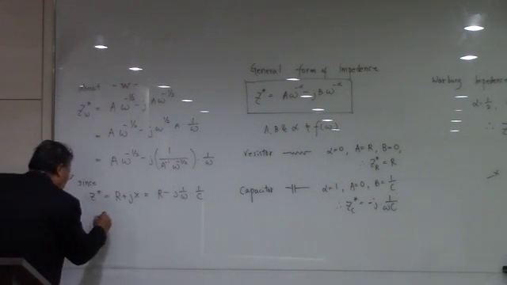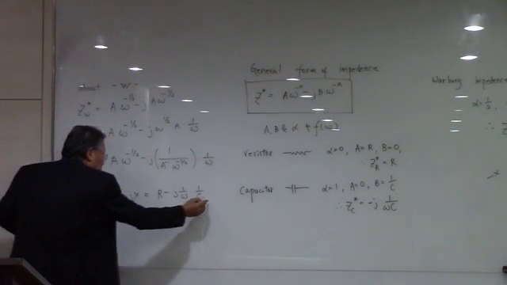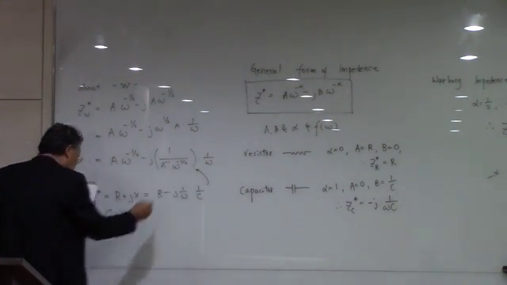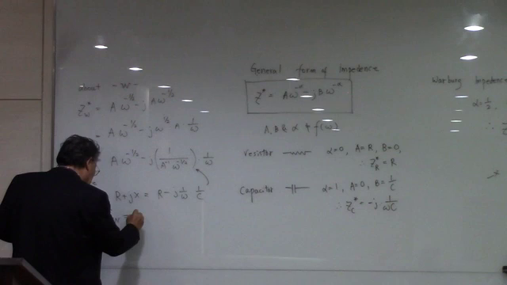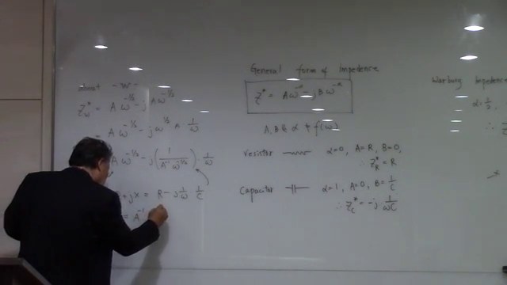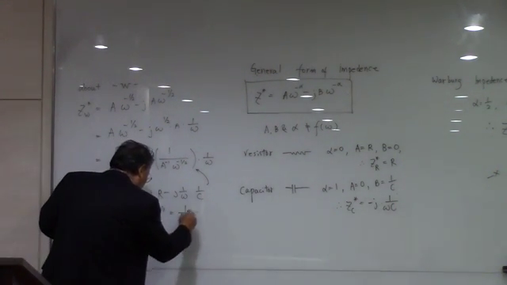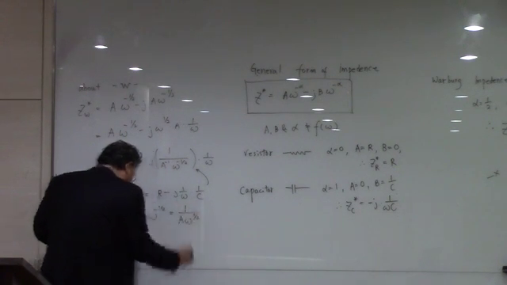So the Warburg impedance capacitance here is corresponding to this value, which is A omega to the minus 1/2, and that is A omega 1/2.